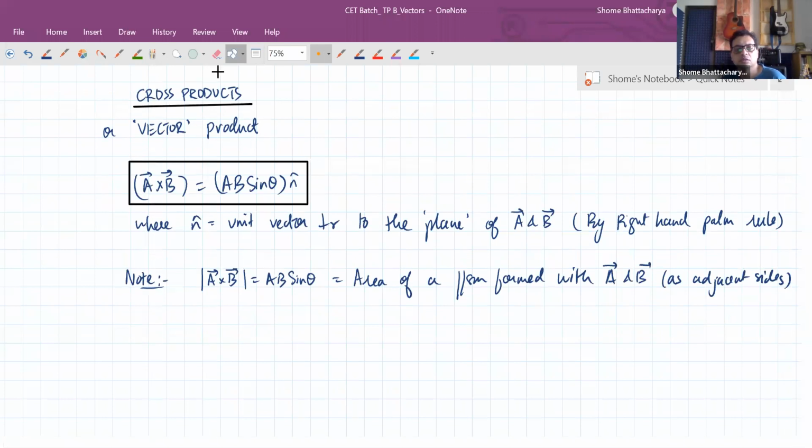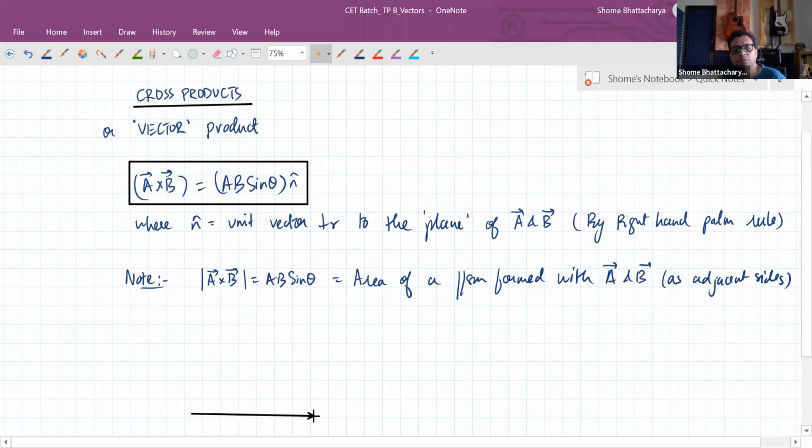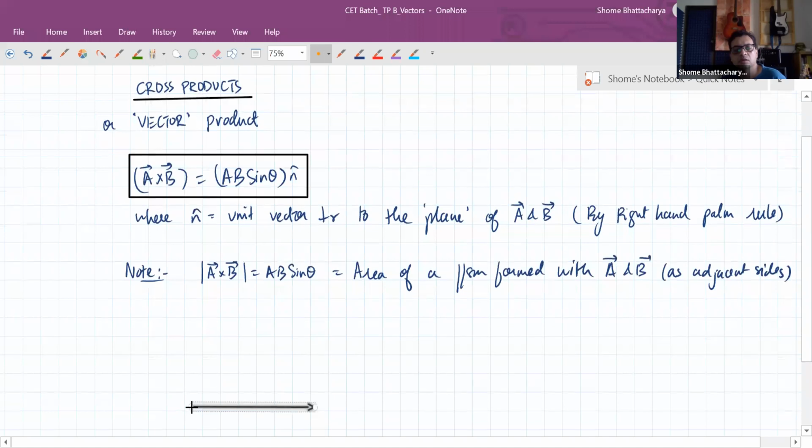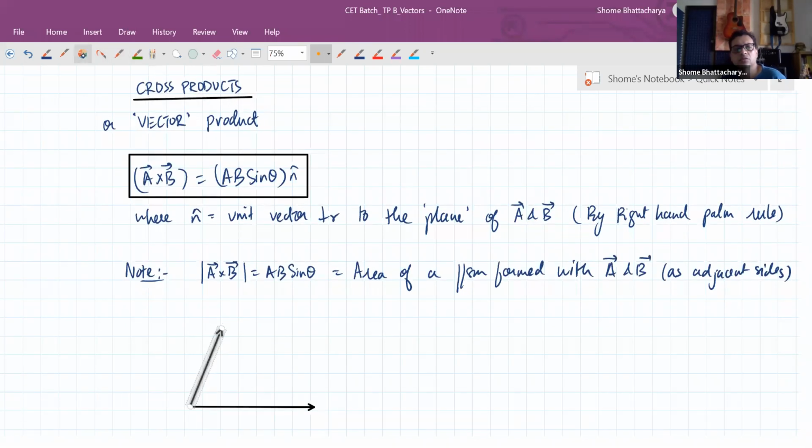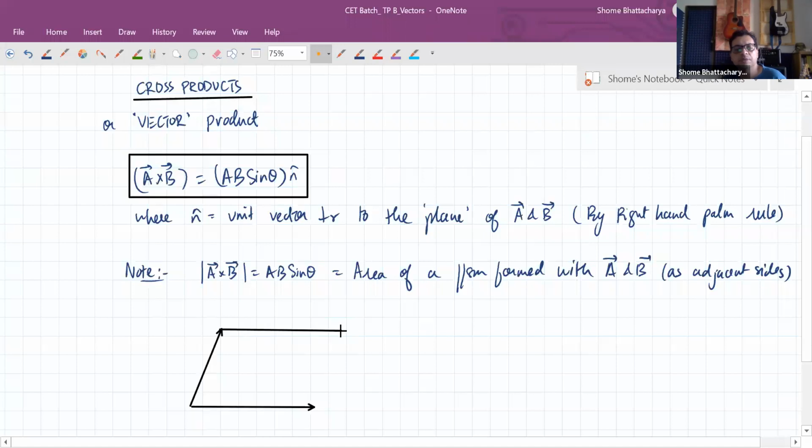So suppose A and B drawn from a common origin are two vectors like this. If we draw the parallelogram formed by them, that would look like this figure. We have to just complete the parallelogram by drawing the other two parallel sides.